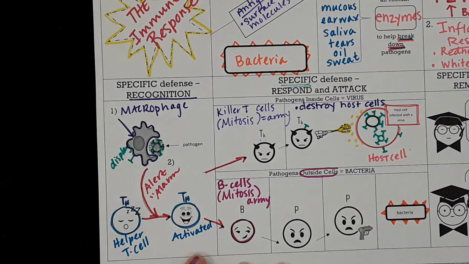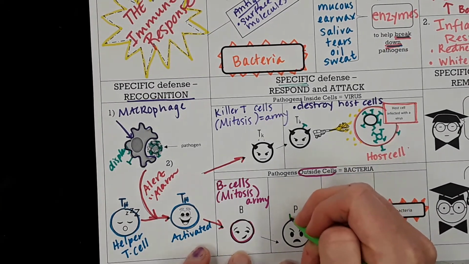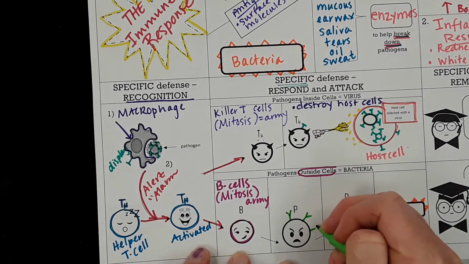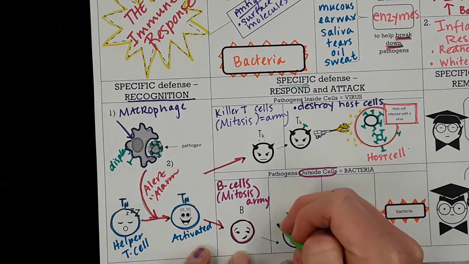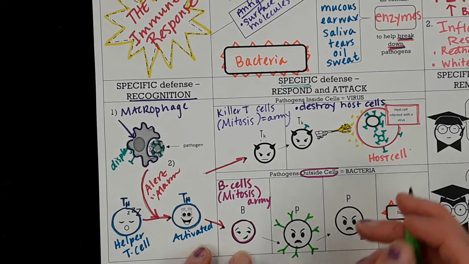So the B cells are going to build antibodies that match that surface molecule. The antibodies are kind of triangle shaped, so the B cells are going to build antibodies to match the shape of the surface antigen on the bacteria.